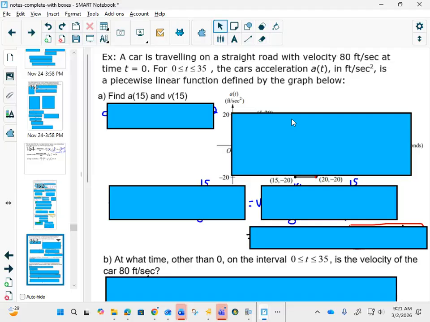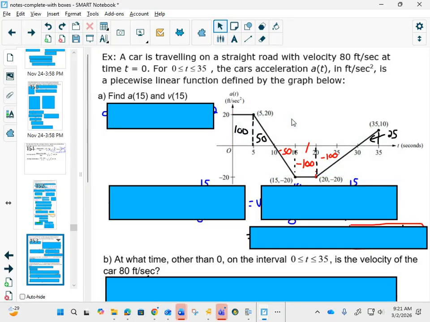And the car's acceleration is given by this graph. So I took that graph, broke it up into triangles and rectangles, and you can add the areas in each of those sections.